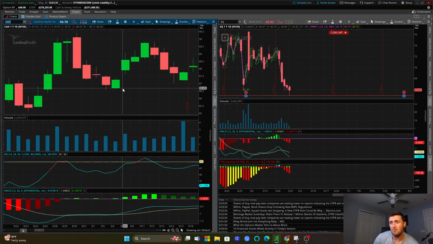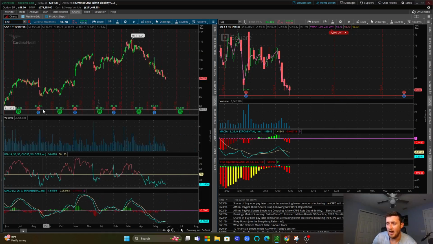So it's very important to make sure you keep tight stops when you play these plays, to give yourself room to run. And honestly, when this happened right here, you would have gotten out because the RSI went below 50 and you would have taken a small little loss, but it eventually kind of came back to you right here, and it set up again right here when we had the RSI break above the 50 and the MACD cross.